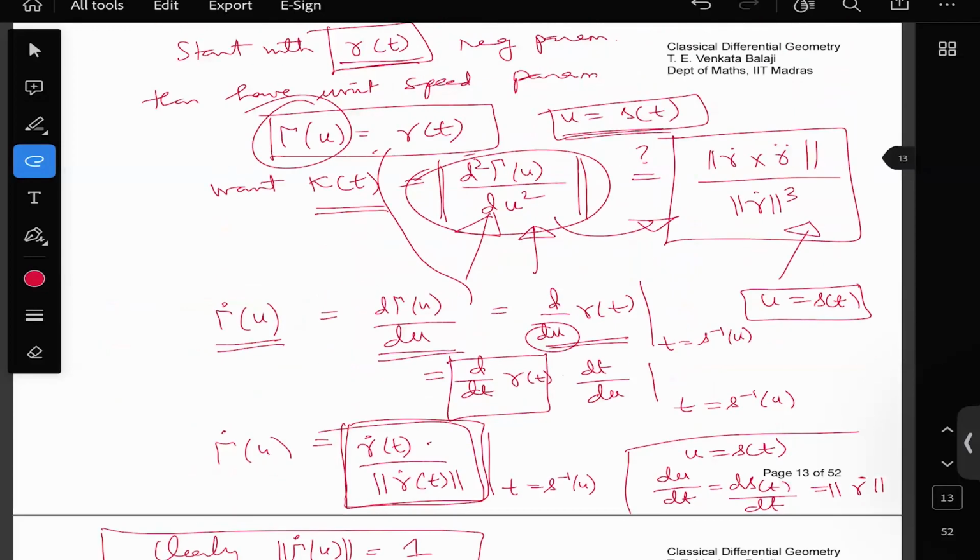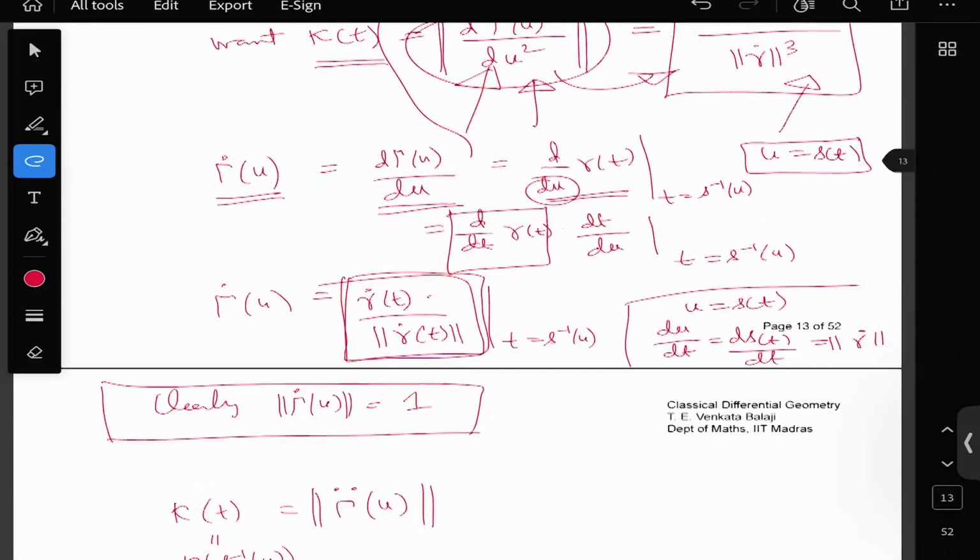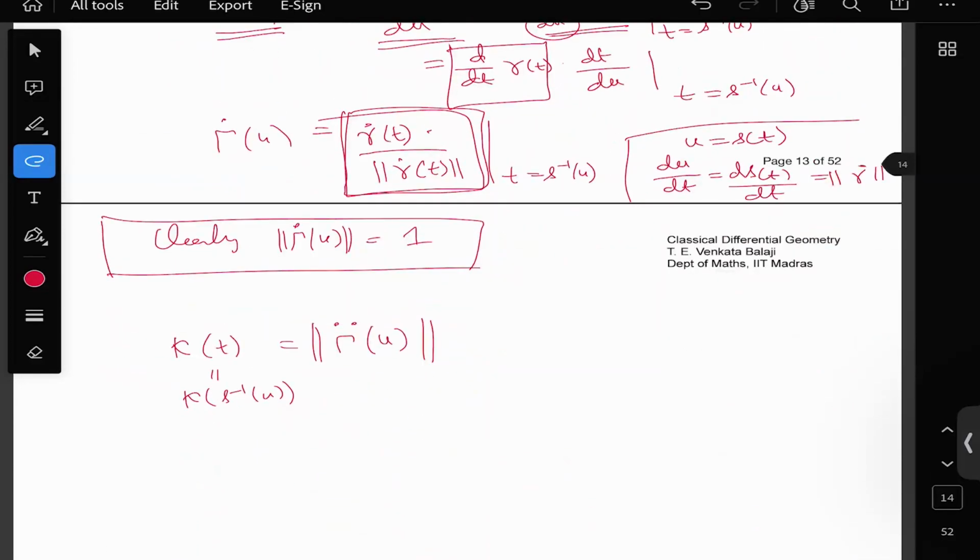Of course, when you want to calculate the norm of a vector, you take the dot product of the vector with itself, get the norm squared, and take the square root. So the most obvious thing is to take the positive square root of gamma double dot u dot gamma double dot u.